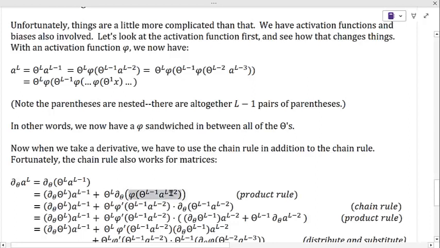AL minus 1 comes from AL minus 2 by applying an activation function to the output. So to evaluate this derivative here, I need to use the chain rule, because I have the derivative of an activation function applied to another function. So I'll take the derivative of the activation function applied at the value of the argument times the derivative of the argument.